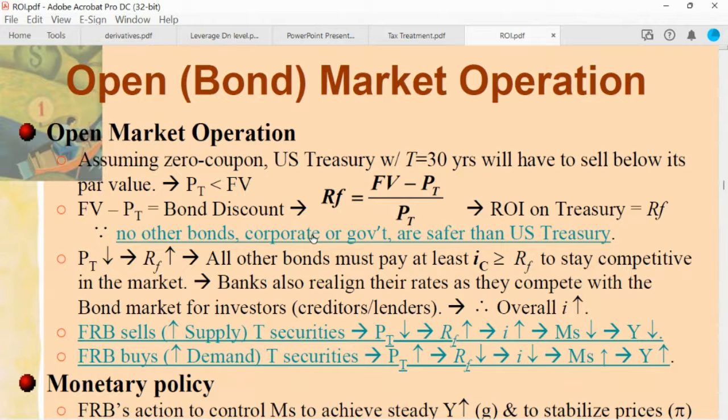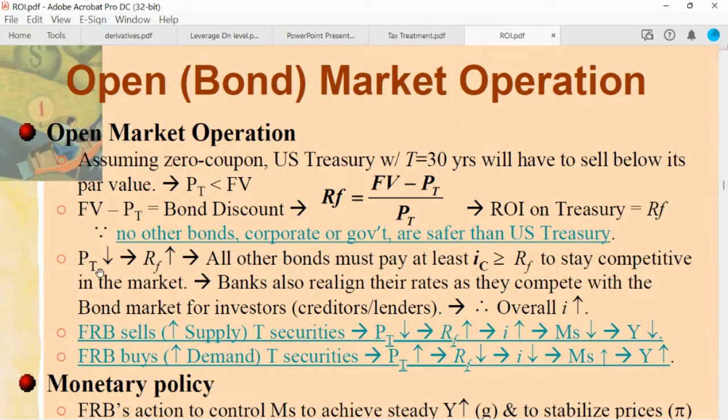In other words, the Treasury Department has a very critical presence in the bond market, because as a borrower in the bond market, the U.S. federal government is the biggest player and the safest player.